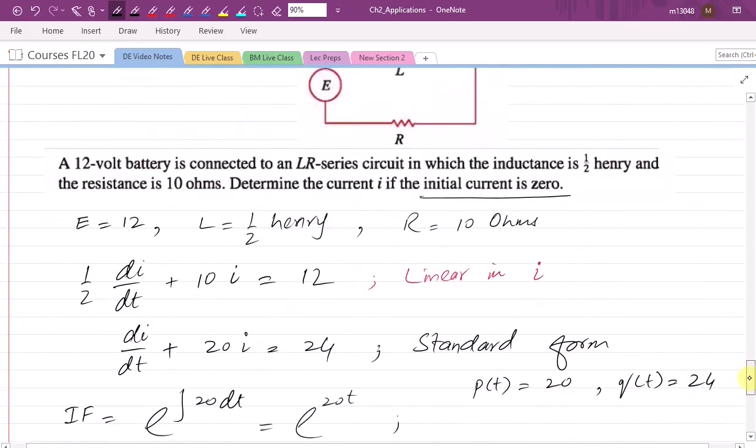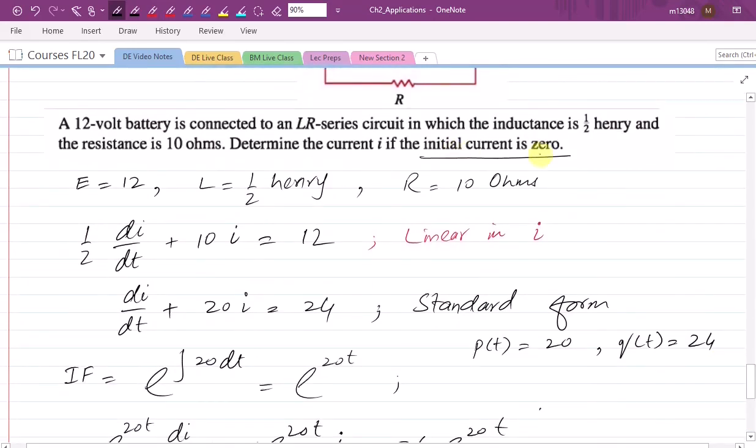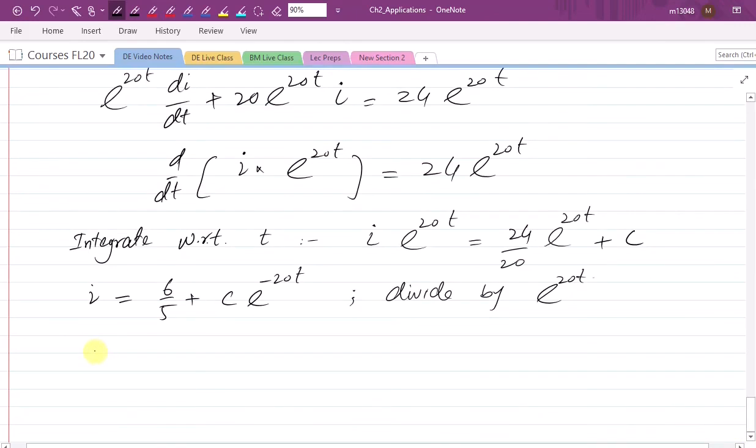Now we go back to our initial condition. Initial current is 0. So that means I of 0 is 0, which means at time 0, I is 0. So in other words, 0 equals 6 by 5 plus c e power 0.